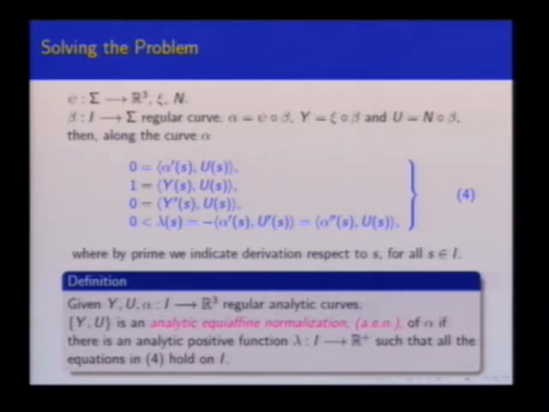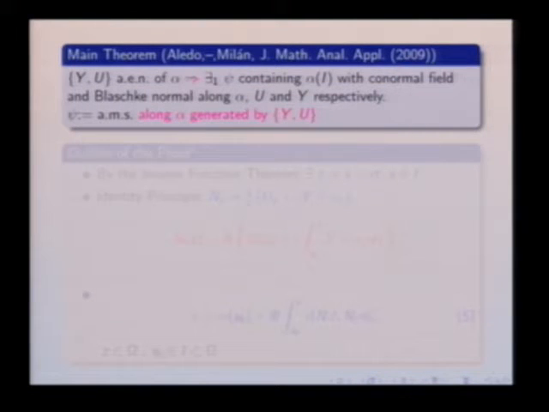And then it is always possible to recover the immersion from these properties. Given any analytic equiaffine normalization of the curve alpha, it is possible to get in a unique way an affine maximal surface containing the curve alpha with conormal and Blaschke normal along the curve u and y respectively.